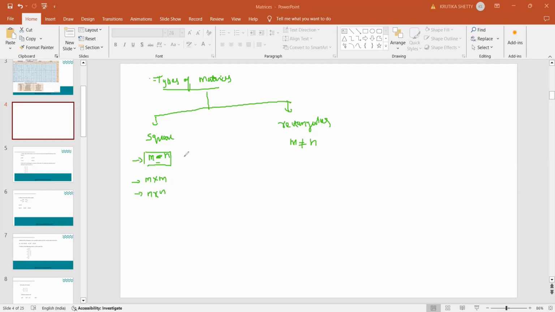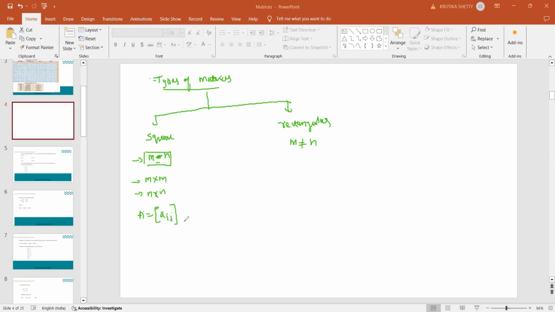So I hope you have understood the definition of a square matrix: a matrix in which the number of rows is equal to the number of columns, that is m is equal to n, is called a square matrix. In general form you can write it as A equals aij.